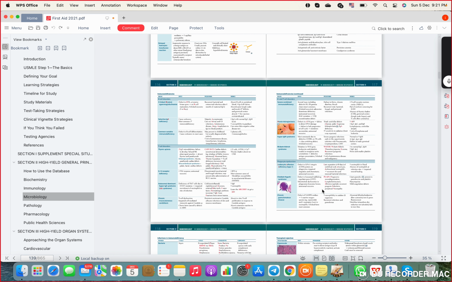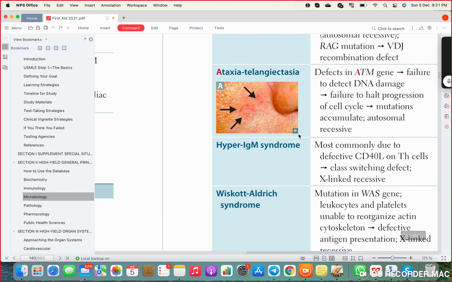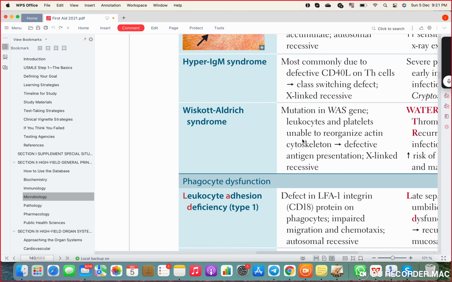That is X-linked. What else? Hyper IgM, okay. That is also X-linked. Hyper IgM is X-linked.